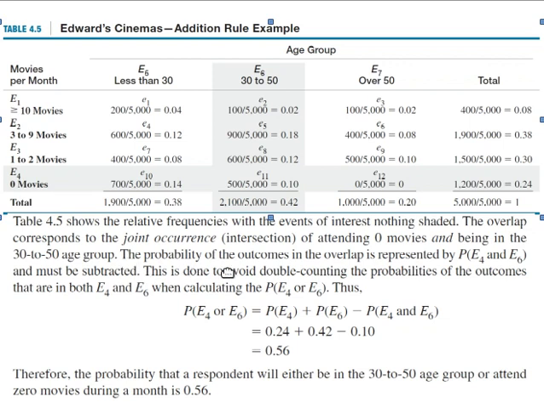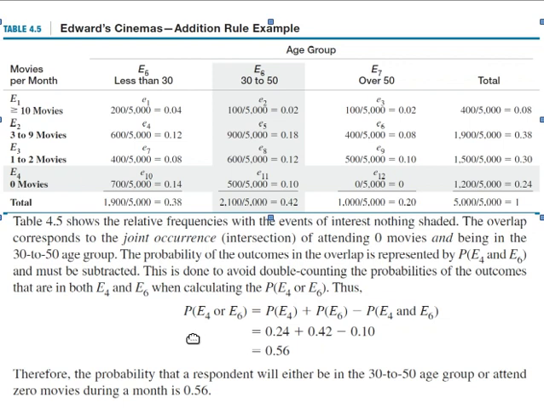The probability of the outcomes in the overlap is represented by probability of E4 and E6 and must be subtracted. This is done to avoid double counting the probabilities of the outcomes that are both in E4 and E6 when calculating the P of E4 or E6.